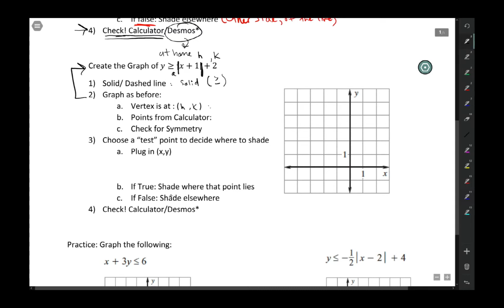It's a positive 1, which means it'll be at -1, comma 2. Our slope is just 1. So from our vertex, -1 up 2, we have a positive slope in either direction. Solid line, so we connect with the solid line.